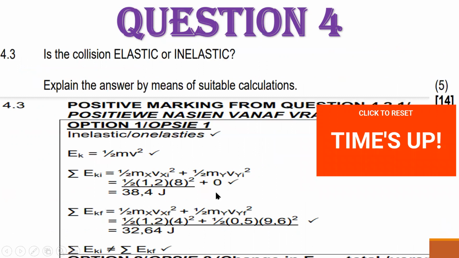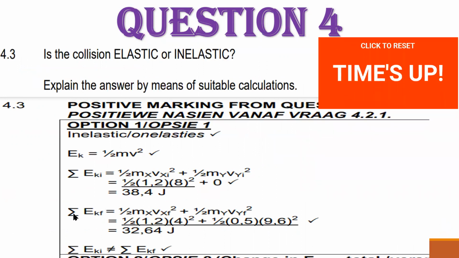So 4.3. Yes, we are calculating total kinetic energy. Kinetic energy initial is 1 over 2 mv squared. So this is our formula: mx vx initial plus my vy initial, and then you are calculating initial kinetic energy and final kinetic energy, mx vx final squared, and then my vy final. We calculated all already, and as you see they are not equal, so we can say inelastic collision.